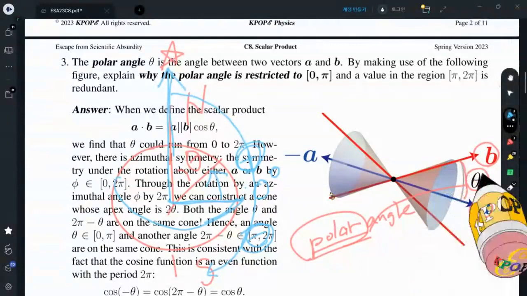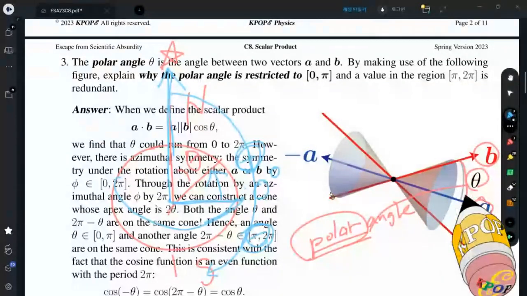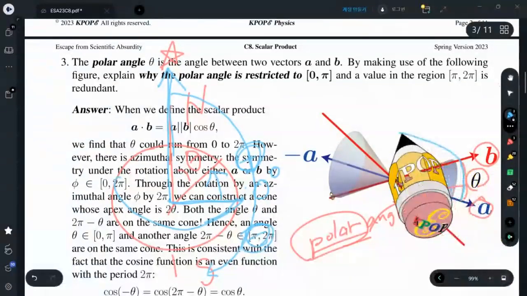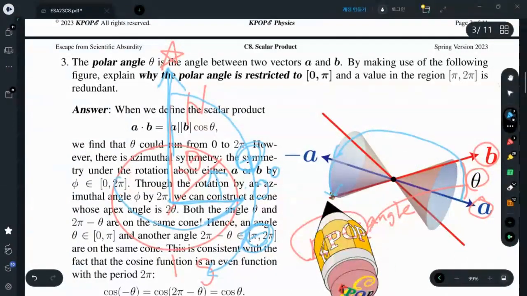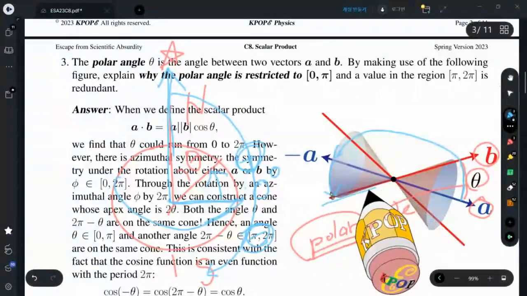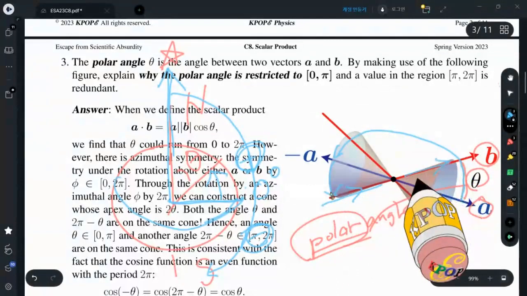You can find this one if you increase the angle and you arrive there and go further. What happens? They are opposite to each other.